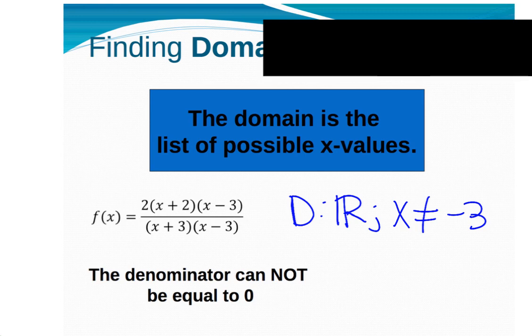If we plug in +3 to the second piece, we also are given 0. So we can't have +3 in our domain either. So our domain here is all real numbers, except x cannot be -3 and x cannot be 3. So always think domain, denominator.